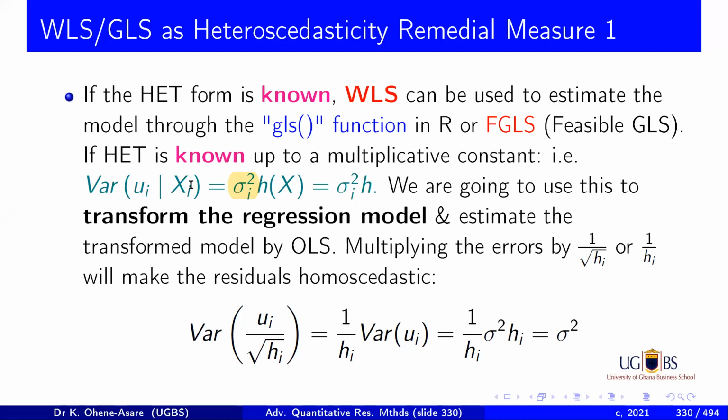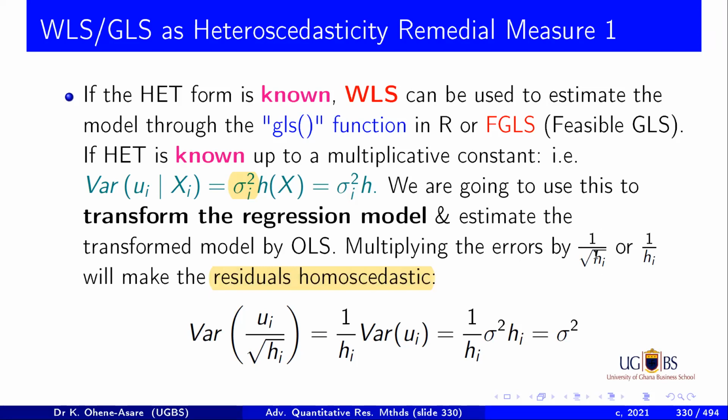First, you multiply the errors by 1 over the square root of the constant variable that you mentioned. This is a standard thing that has been developed. You can do 1 over the square root of that, or you can just do 1 over h. And when you do that, it will make the residuals homoscedastic.